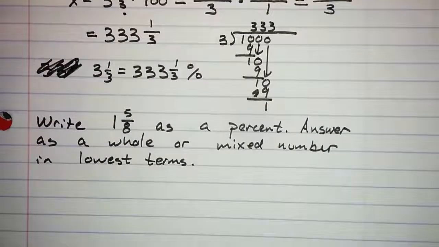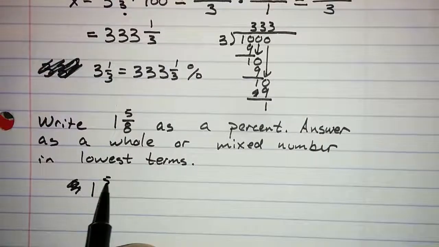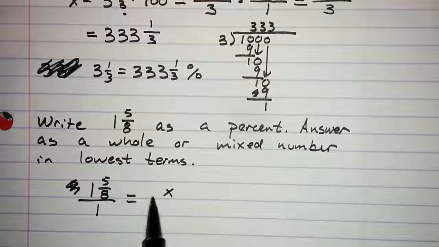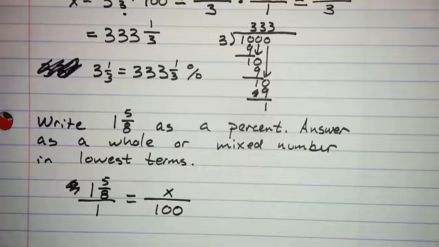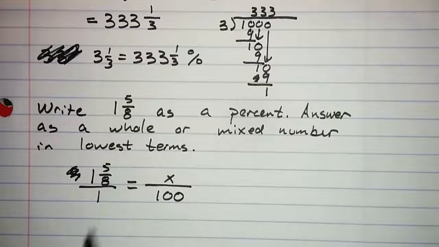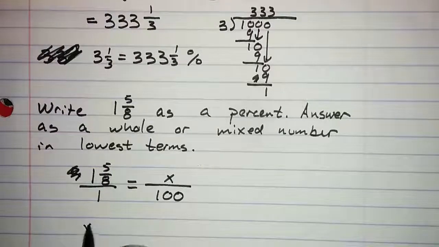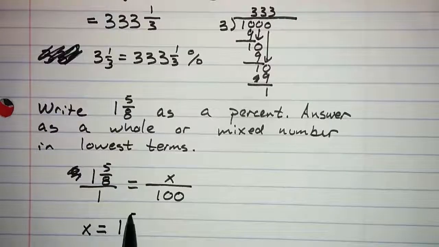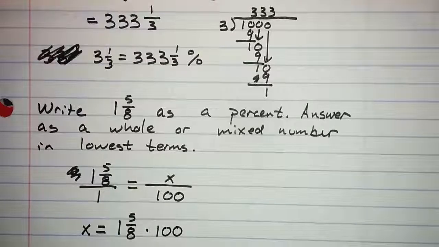All right, so I've got my 1 5/8 over 1 is something out of 100. If you remember the shortcut, you can skip this step. What's the shortcut? This is always going to be 1 times x. So I'm going to get x is 1 5/8 times 100.